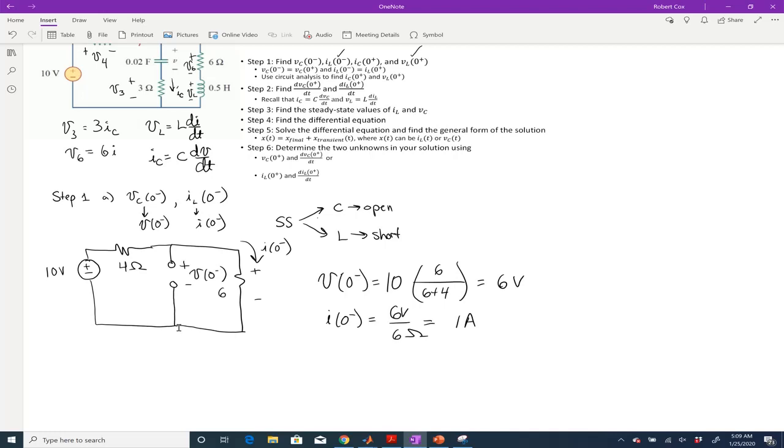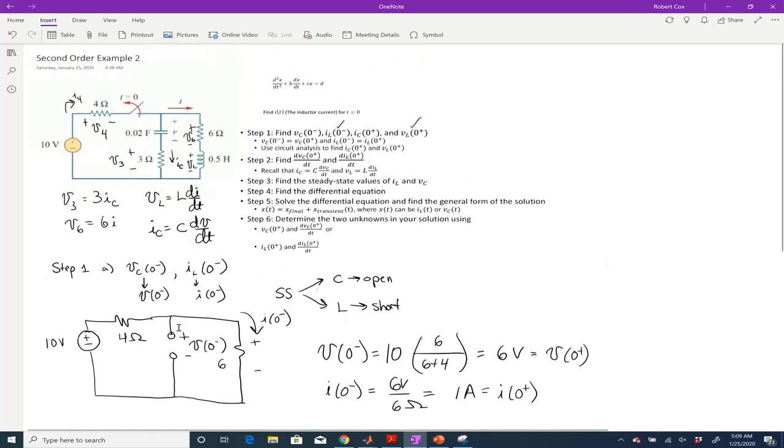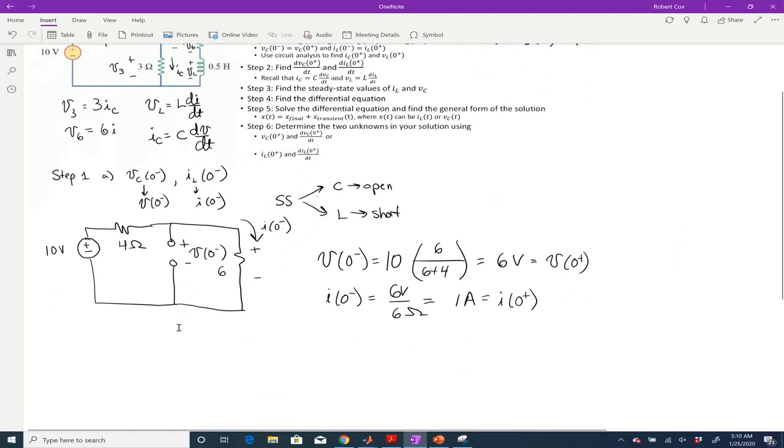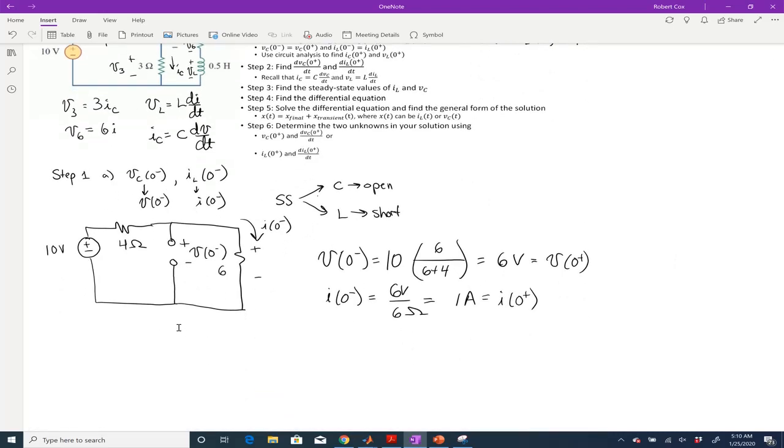So, things to remember: V of 0 plus is the same as V of 0 minus. I of 0 plus is the same as I of 0 minus. That's an important fact we're going to need later. IL of 0 minus equals IL of 0 plus, which is equal to 1 amp.